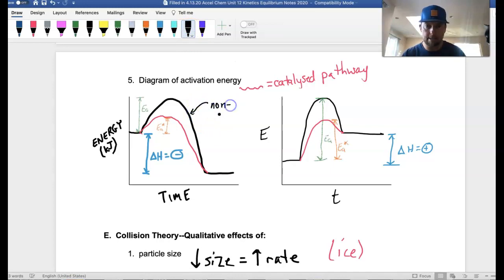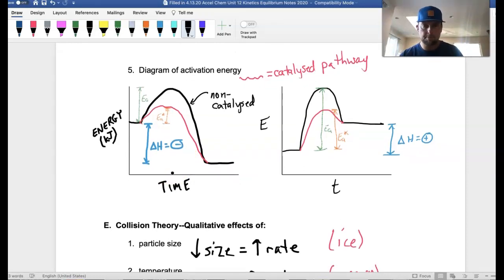So there's our non-catalyzed pathway, which has a higher activation energy, the one in green. And then the lower activation energy in orange there. The catalyzed pathway is always going to have a lower activation energy, which means you don't need as high a temperature or as high a concentration in order to get these things to happen.